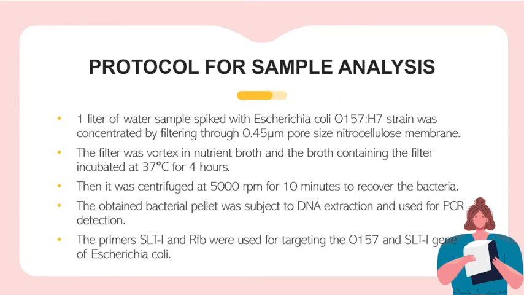The primers Shiga-like toxin 1, or SLT1, and RFB were used for targeting the O157 and SLT1 genes of E. coli.